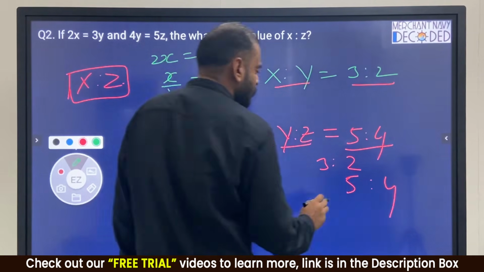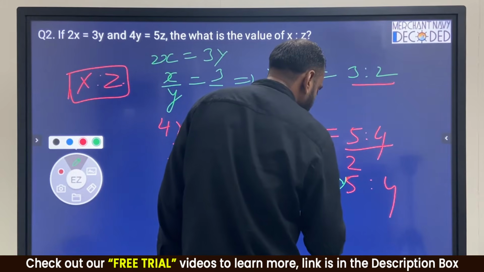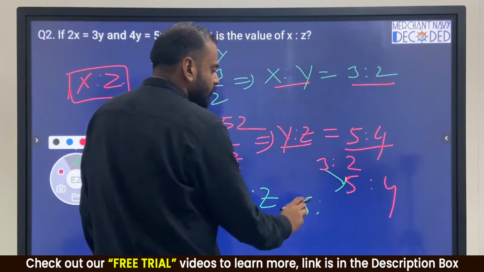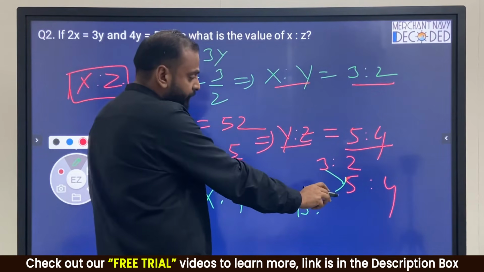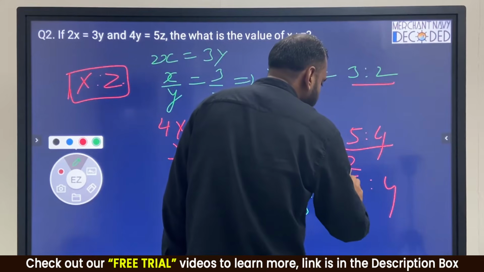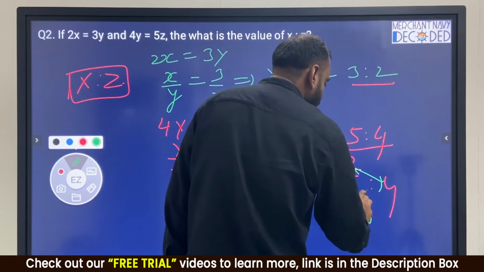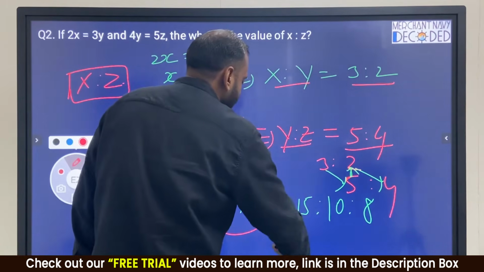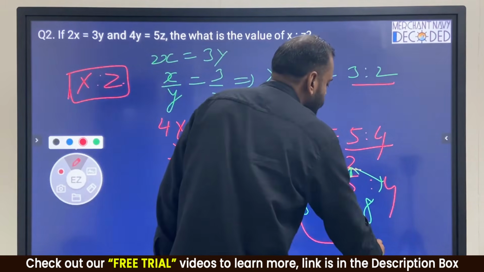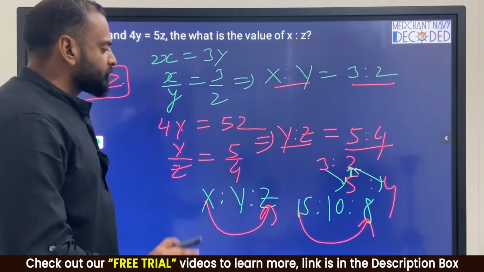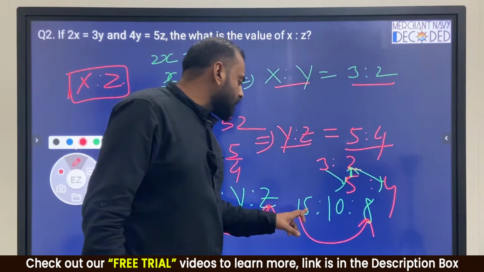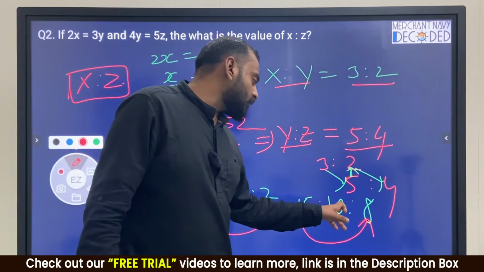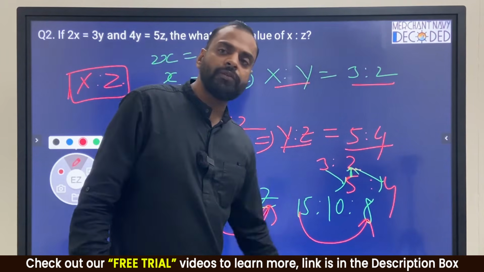How much will it be? 3 into 5 is 15, 5 into 2 is 10, 2 into 4 is 8. So x is to y is to z is 15 is to 10 is to 8. Clear? Now tell me, what is the ratio of x and z? x is to z is nothing but 15 is to 8. Clear?